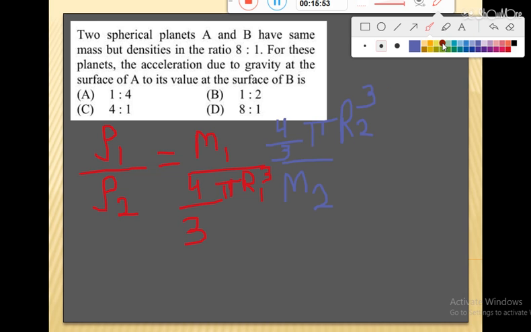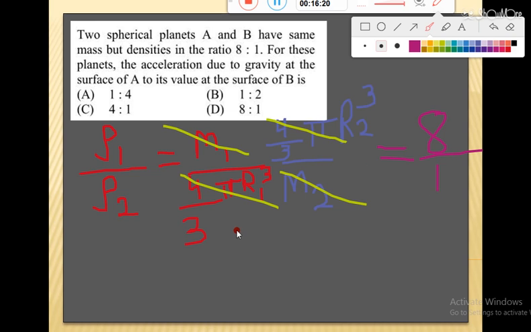But students, m1 and m2 both are equal, that's why we can cancel them. 4 by 3 pi, 4 by 3 pi will also cancel out. So finally we are left with one relation, that is density 1 by density 2, which is r2 cube by r1 cube. This is equal to 8:1.